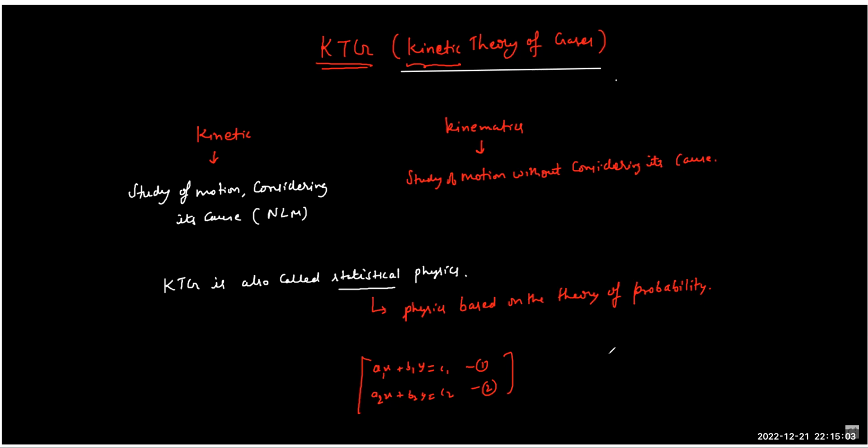If I give you equations in 3 variables, then this is going to be slightly difficult because now you need 3 equations, isn't it? Yes, sir. Because we need a number of equations equivalent to the number of variables, right?